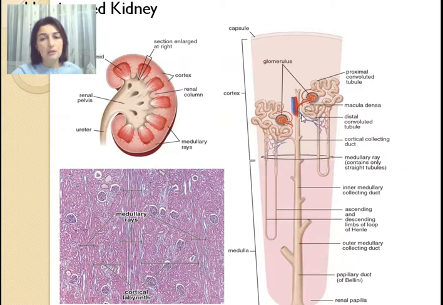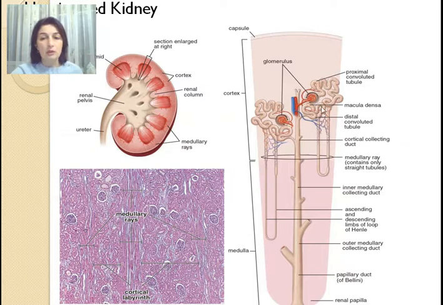It opens into the collecting tubules. So at the distal convoluted tubule, the nephron finishes. All of the structures which we mentioned just now are parts of nephrons.